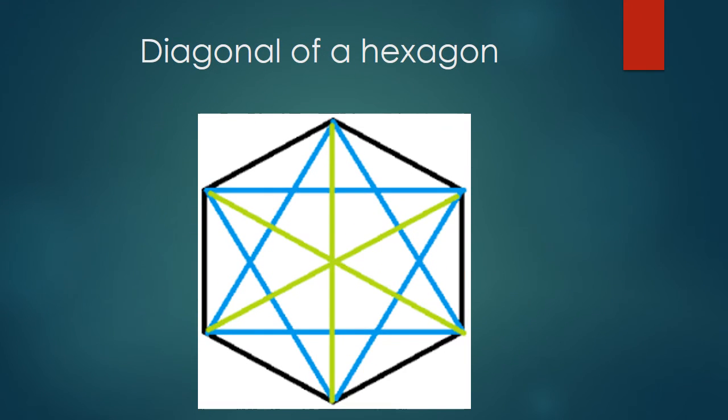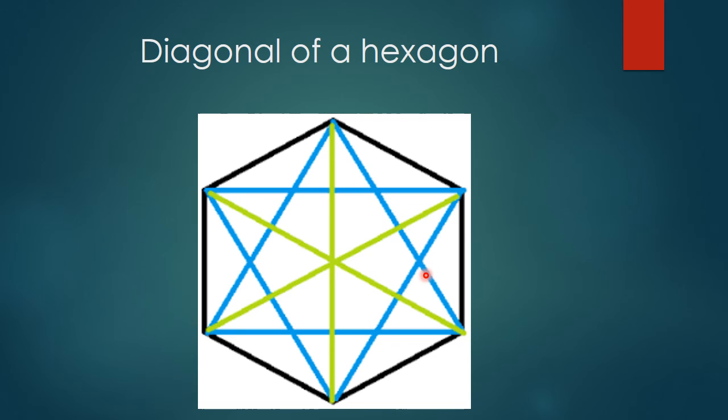Next you have the hexagon. We know that in a hexagon we have 6 sides, but we don't have 6 diagonals. Here you can observe how many diagonals we have: 1, 2, 3, then 4, 5, 6, then 7, 8, and 9.